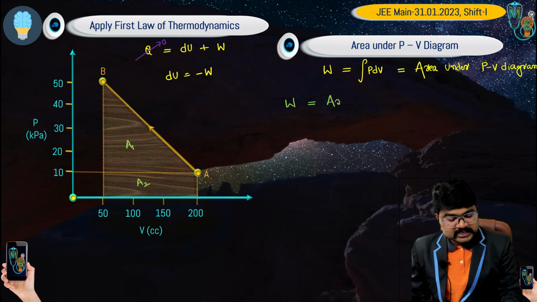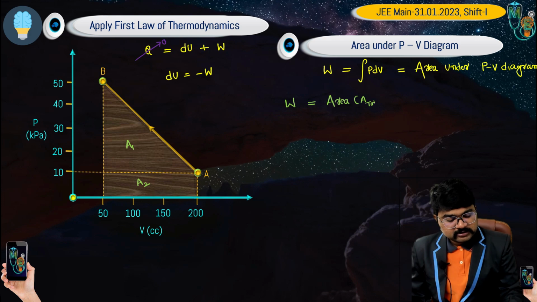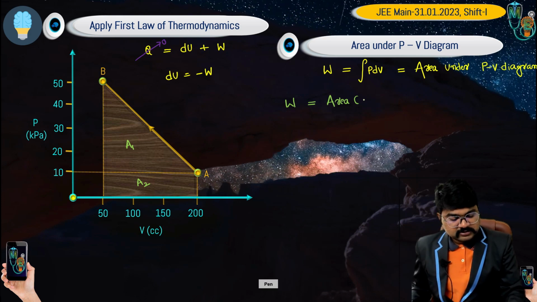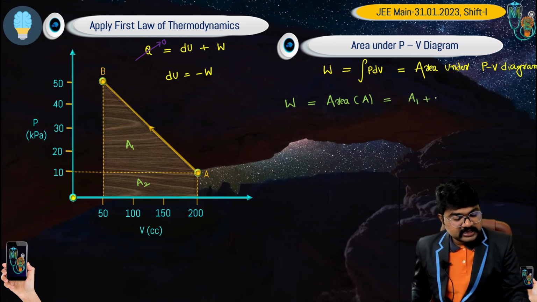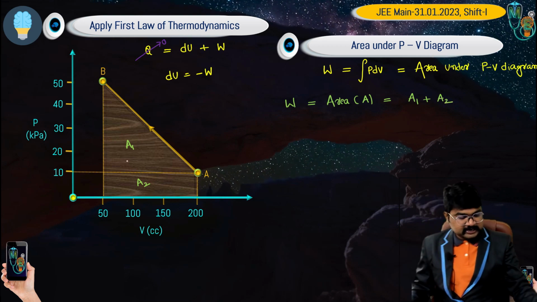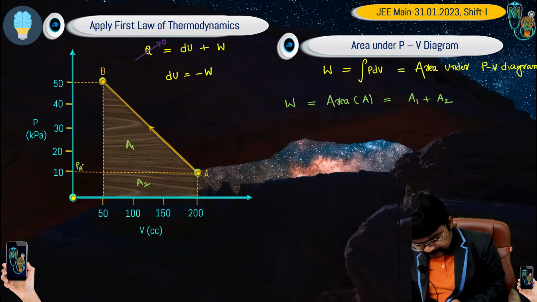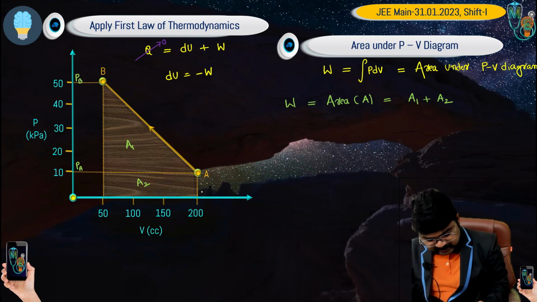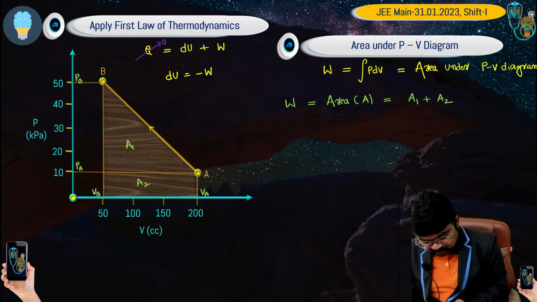This would be pressure PA, this would be pressure PB, this would be volume VA, and volume VB.